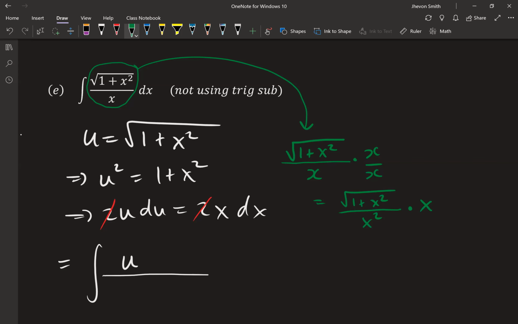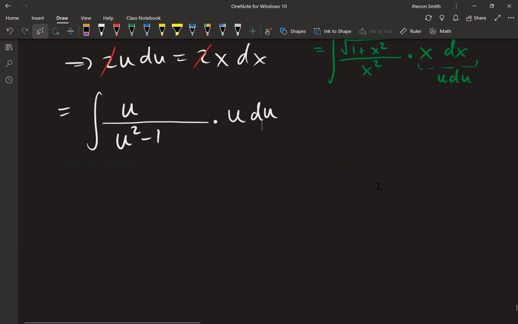And so this x dx here is going to be the u du. And then the x squared here, I can rewrite without the need of a radical. From this equation, I get that x squared is actually equal to u squared minus 1. So the x squared is u squared minus 1. And then my x dx becomes u du. So that's going to be my integral.